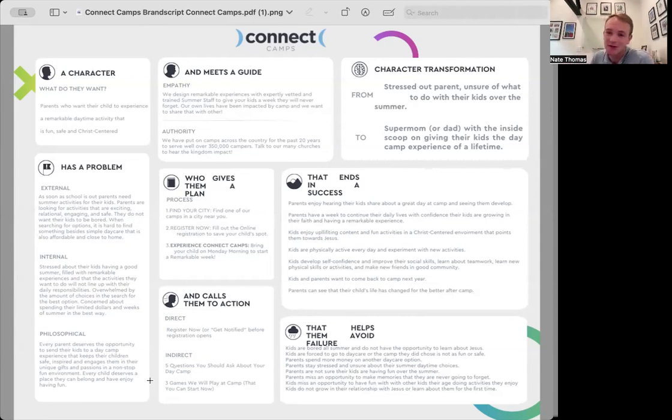That's the awesome picture of success. You have to paint that picture when communicating about Connect Camps. Notice the things that we highlight in success tie back to fun, safe, and Christ-centered that we said in character. So that's a tie here. What they want is the picture of success. So that's important to point out there.